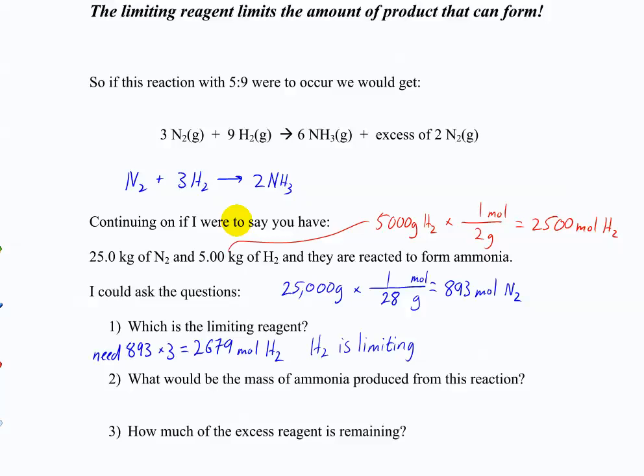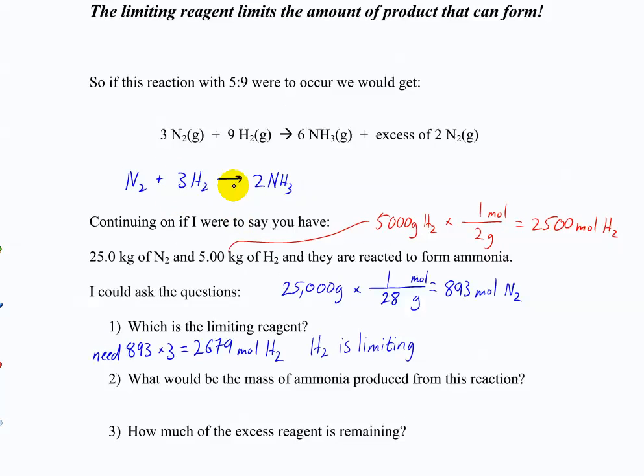So 893, if we use that, that means that all 893 moles of nitrogen react. But we know that's not actually the case because there isn't enough hydrogen for all of those to react. So we use how much hydrogen we have because that's what's limiting. That's the smallest one we've got. So let's do that.